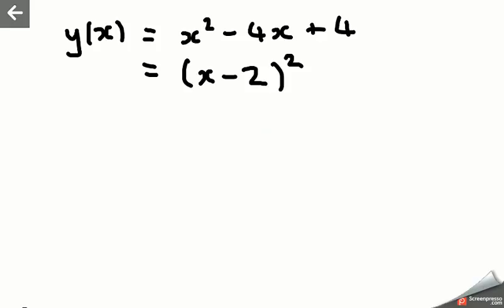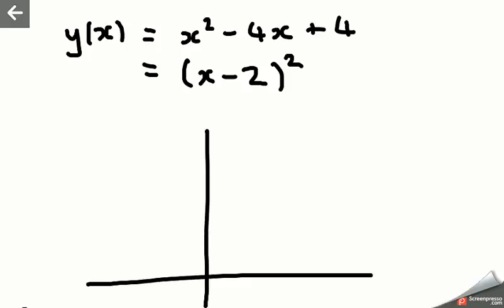The a value is still 1, so we don't have to worry about how fat or thin it is. It's just regular. So if we draw this thing over here, this is the x-axis, this is the y-axis. Here's 1, here's 2, x minus 2 squared.